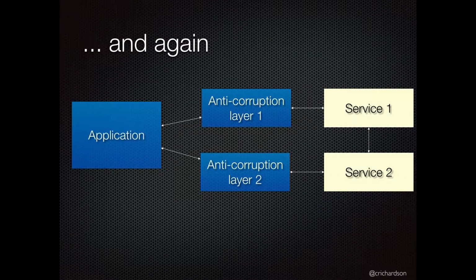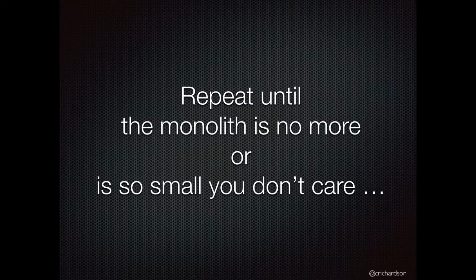So now we've got two services and our monolith has got smaller. And we can just do this over and over again. Our monolith just keeps shrinking and could actually disappear, or it gets so small and contains code that never changes, so we don't actually care about it, and it's just this part of the system that's there and we never need to touch it.